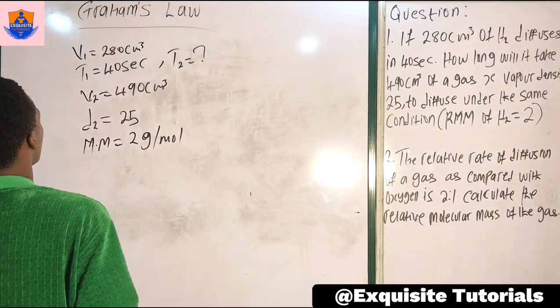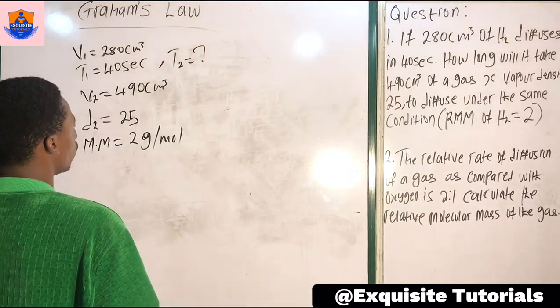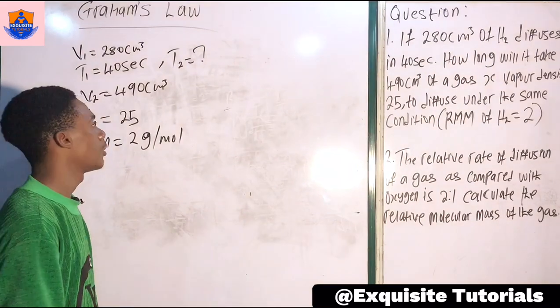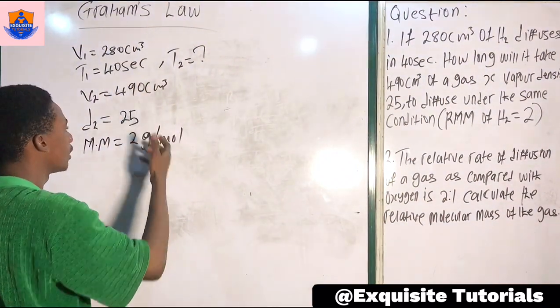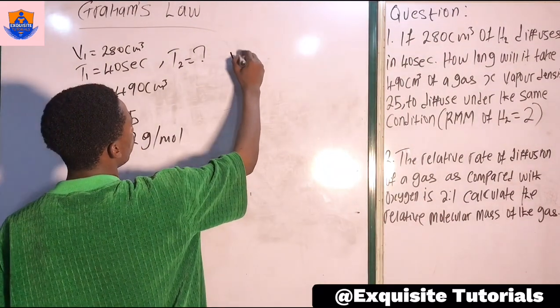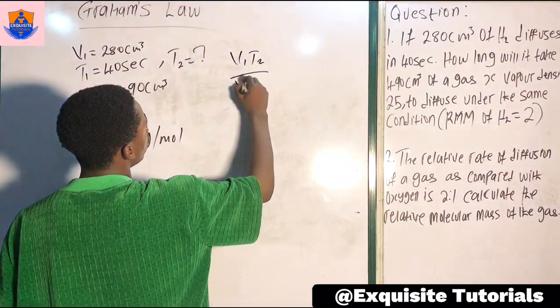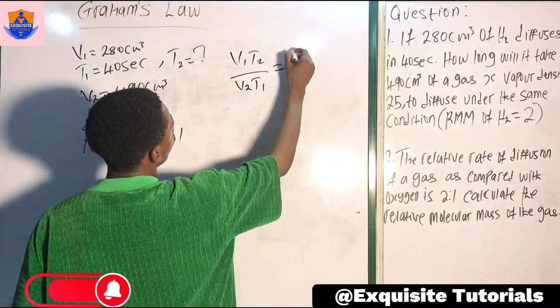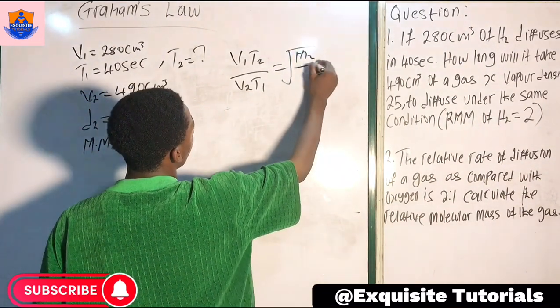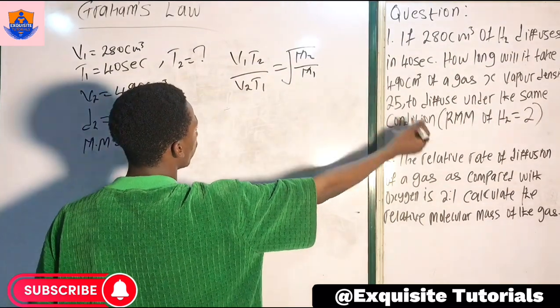So among the formulas I gave, which of the formulas suits? You can use 5 seconds to think from the parameters given. But I think the right formula to use is V1 T2 over V2 T1 is equal to root either M2 over M1 or D2 over D1.